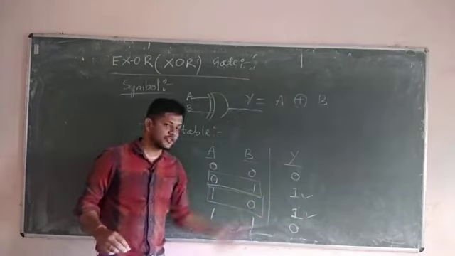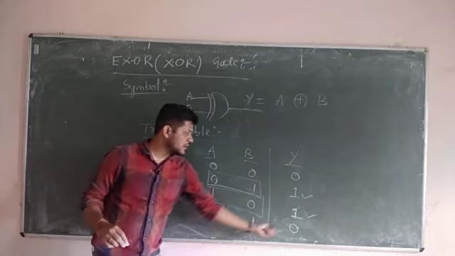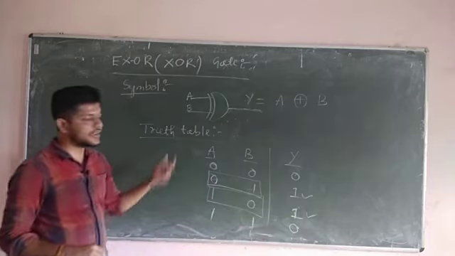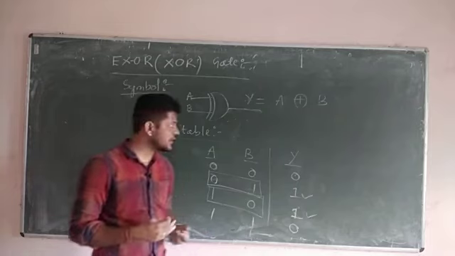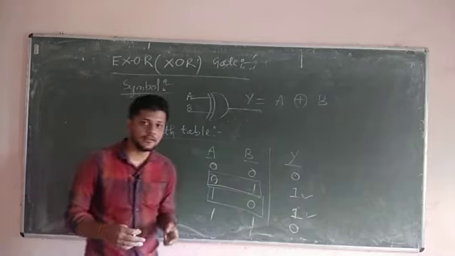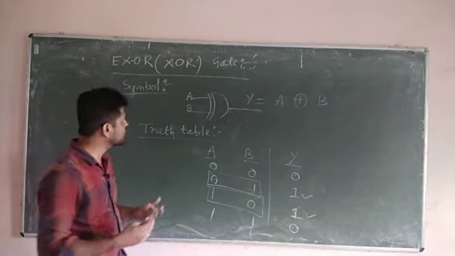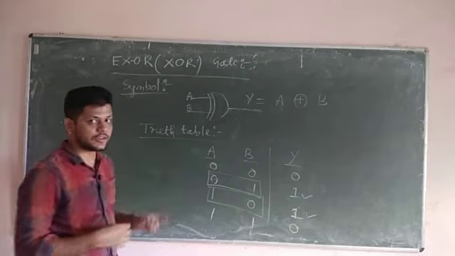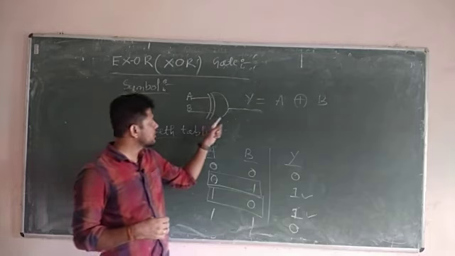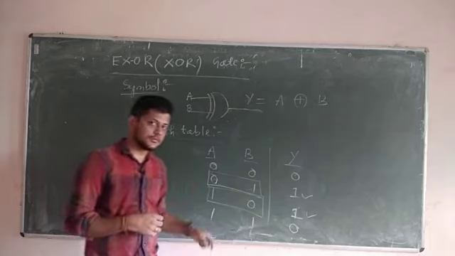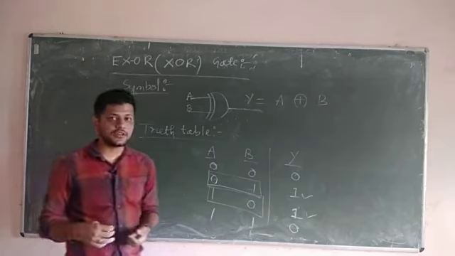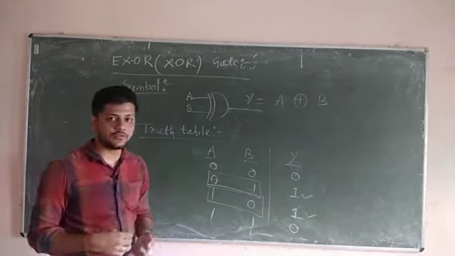When both inputs are 0 or both inputs are 1, the output of the XOR gate is 0. Keep that in mind, this gate is very, very important. If they ask any question from logic gates, they must ask you about this XOR gate or XNOR gate: the expression or symbol for the XOR gate, the truth table, or any application of your XOR gate.